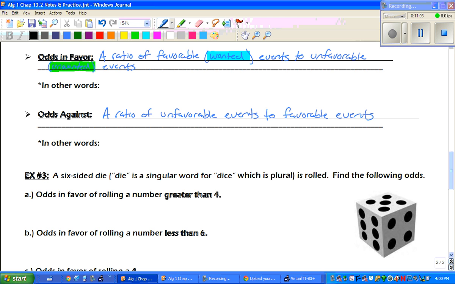And now the way that we write that would be the odds in favor equals, okay, on the top, we would put the quantity of wanted events.